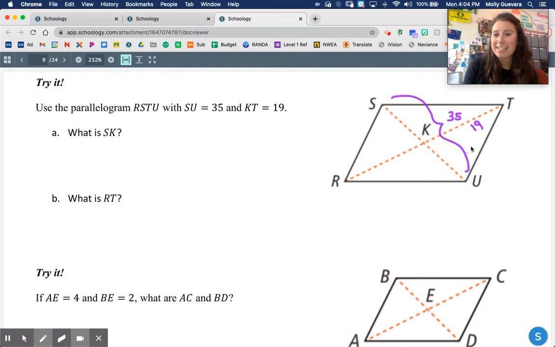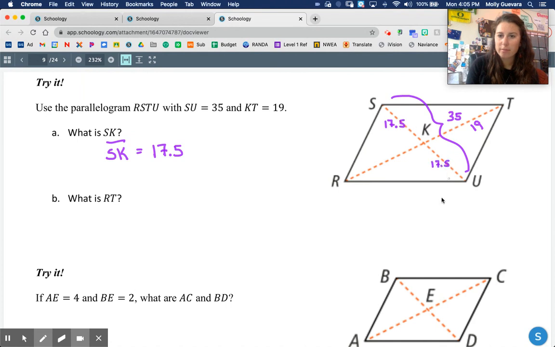SK is half of the total distance because in a parallelogram, the diagonals are bisected. They are cut in half. So SK equals half of 35, which is 17.5. So that means this is 17.5 and this is 17.5.